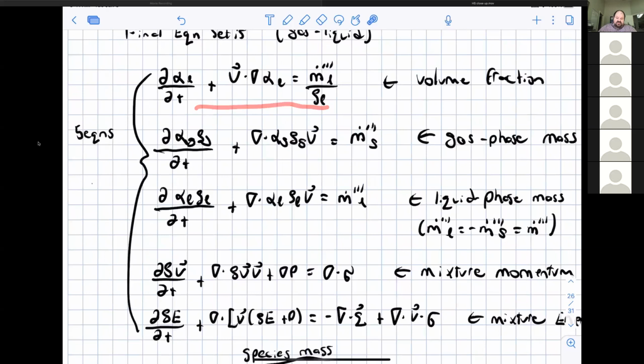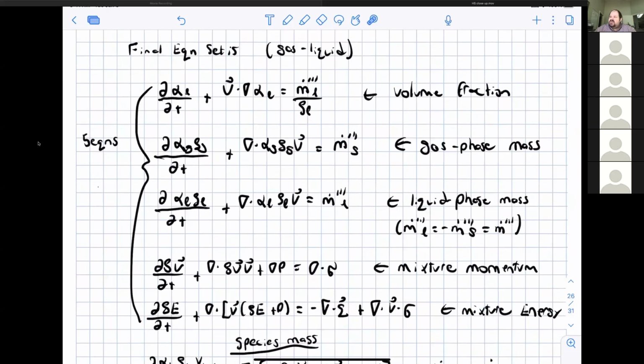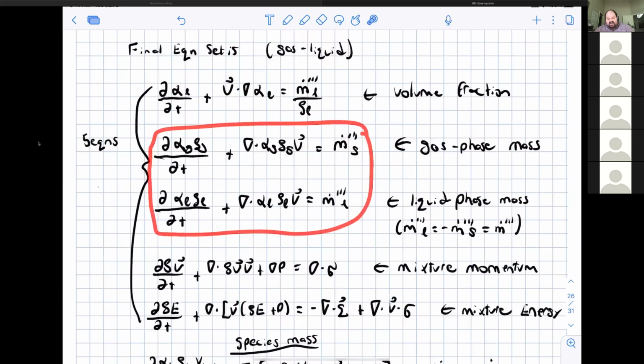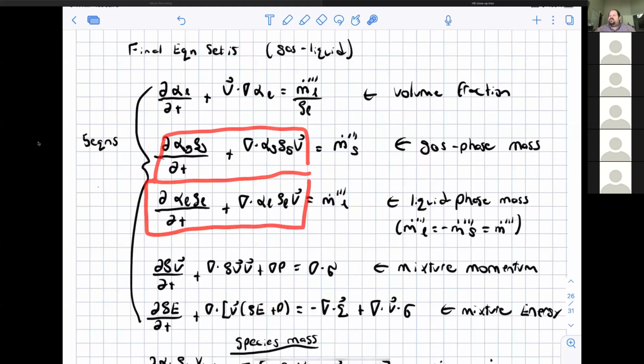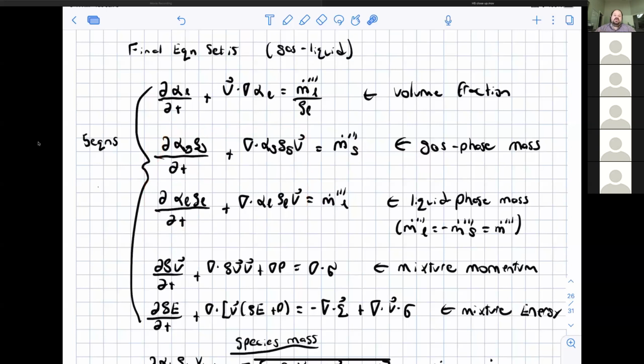we have the volume fraction equation, which we're assuming is just a sort of passive scalar. We have conservation of mass for both the gas and the liquid. You still solve those independently. And the reason you solve them independently instead of combining them into one mixture mass equation is this allows you to strictly conserve mass for each phase.